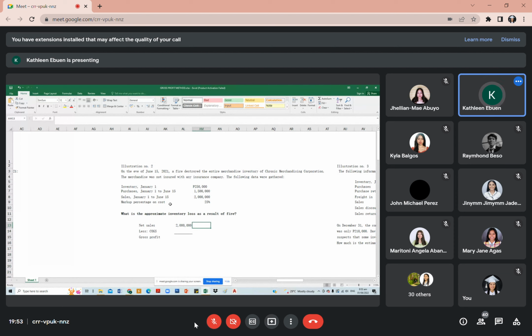So, therefore, when it is based on cost, cost of goods sold is 100%, and then the gross profit rate is 25%. Therefore, what is the percentage of sales? We have 125. Okay, 125%. Okay, to compute for the cost of goods sold, what will we do?